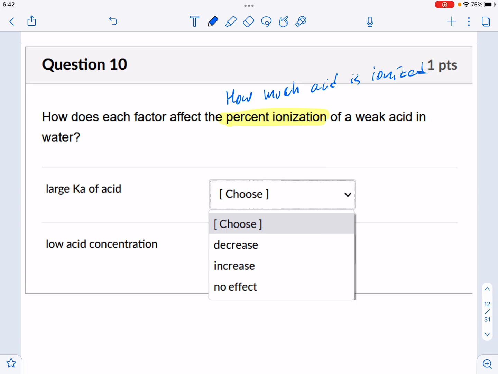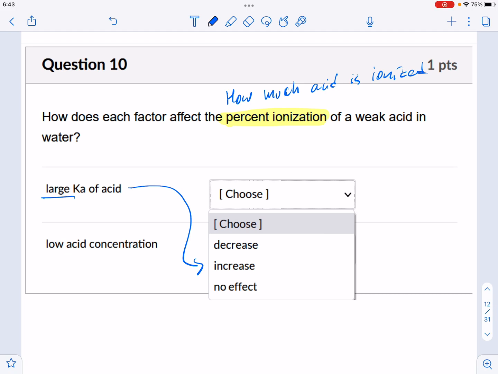And a stronger acid will be more ionized, and that corresponds with a large Ka value. Therefore, if you have a large Ka, then the percent ionization will increase. Now, the next one is not so evident, because with a low concentration of acid, will it increase, will it decrease, or will it not change the percent ionization?